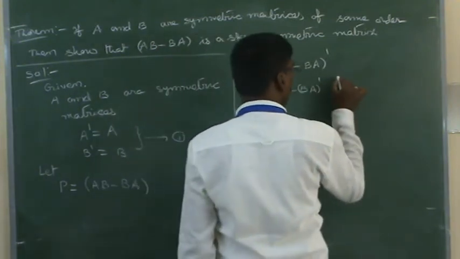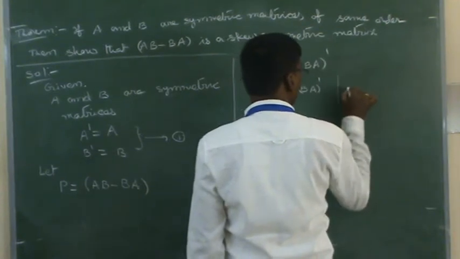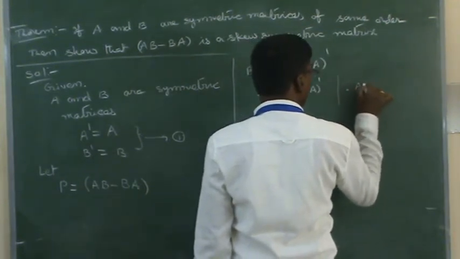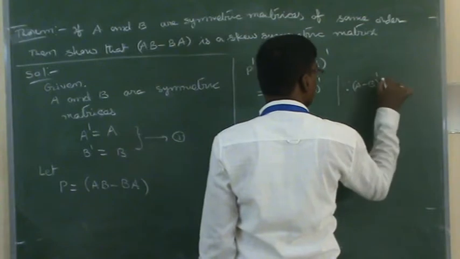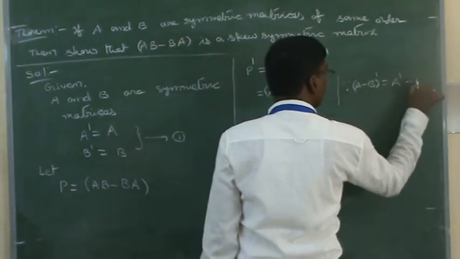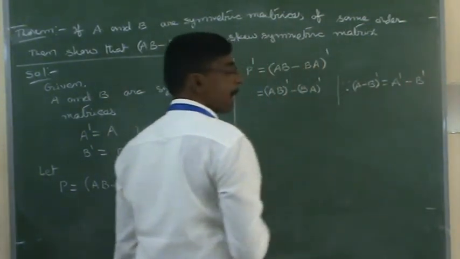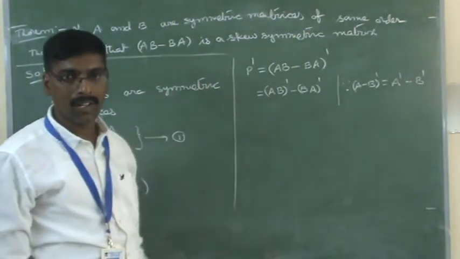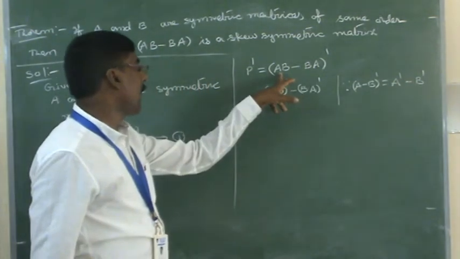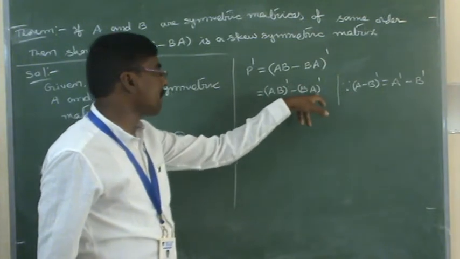How are we getting this? If you have any doubt, the condition is A minus B whole transpose is equal to A transpose minus B transpose. That's the formula. So AB whole transpose minus BA whole transpose.